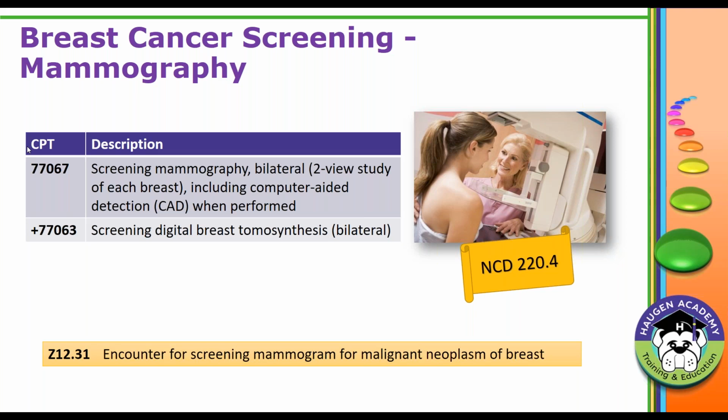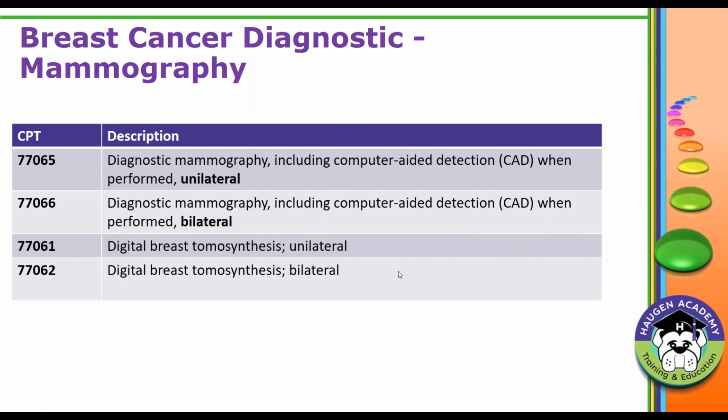Screening mammography is a covered Medicare service, and they do accept these CPT codes now. You can look up NCD 220.4 for more information. And then we also have that screening mammography ICD-10 code that we talked about as well that corresponds with the CPT codes.